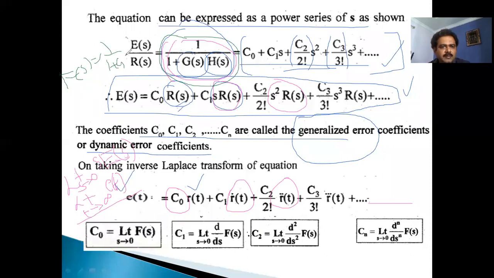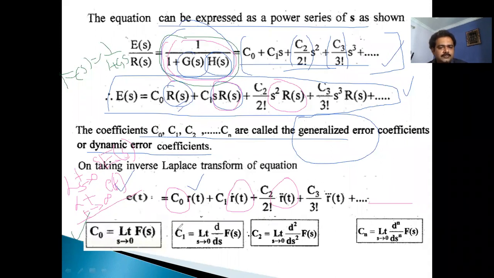This is also already given previously while deriving static error coefficients, static error constants. So in that, F of s is equal to 1 by 1 plus G of s into H of s. So simply, if we substitute s is equal to 0 for finding C naught, that means the generalized error constant, which is nothing but limit s tends to 0, F of s.